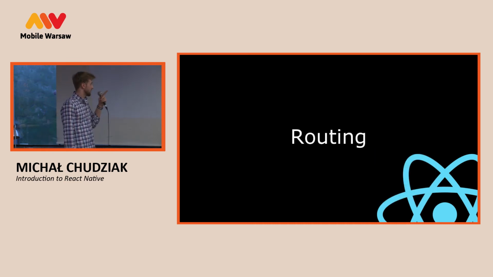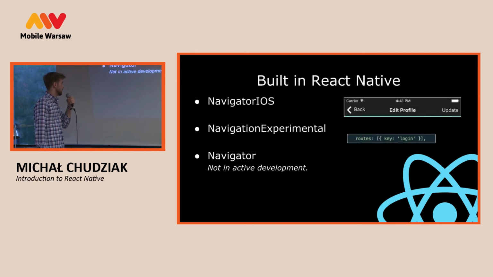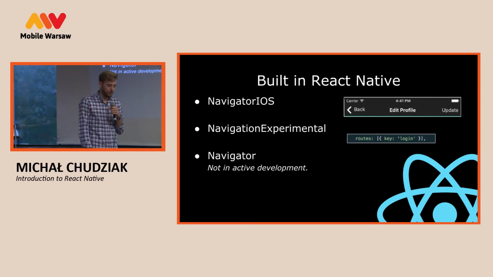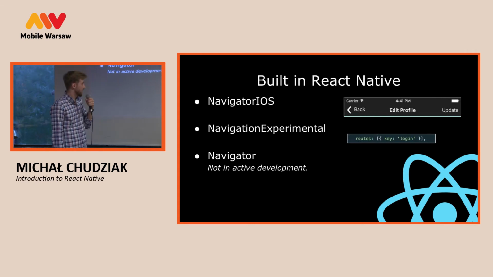Routing. So this is the thing which actually changed over the last few months because we have some built-in routing in React Native, and actually we have 3 of them. First is NavigatorIOS, which is an iOS-only component for rendering the navigation, which we all iPhone users know.